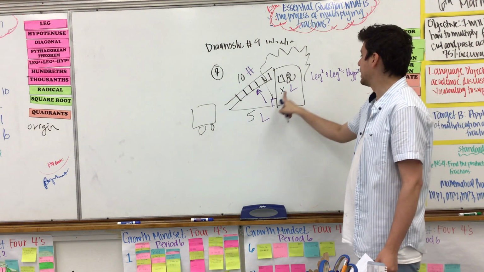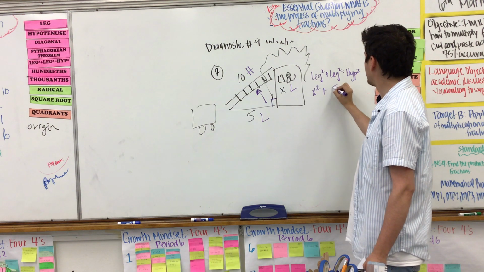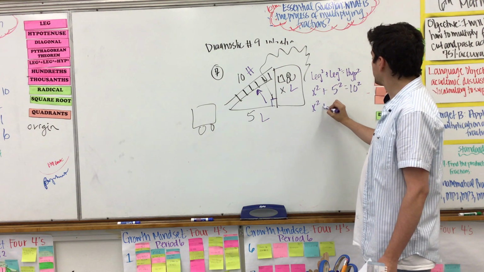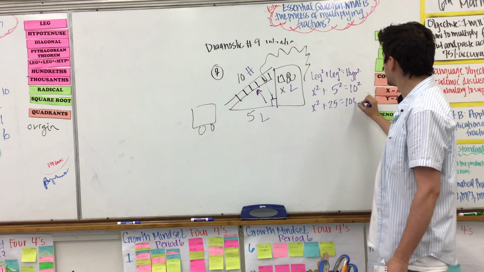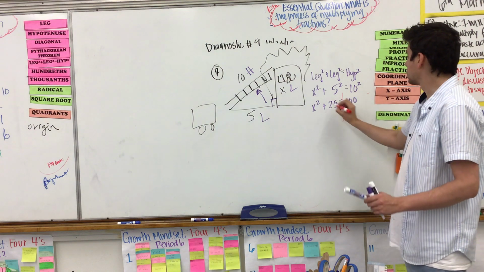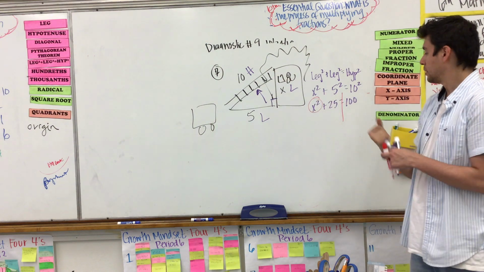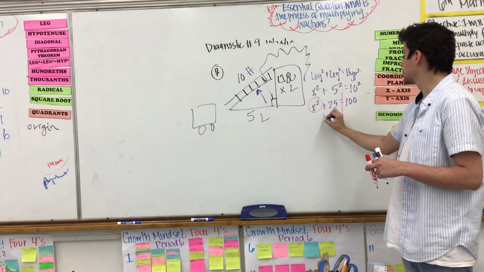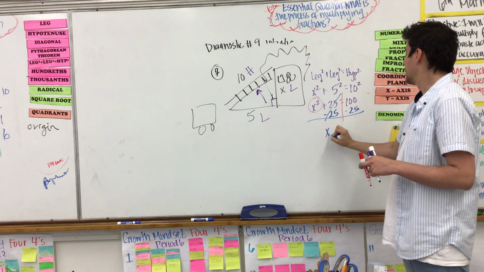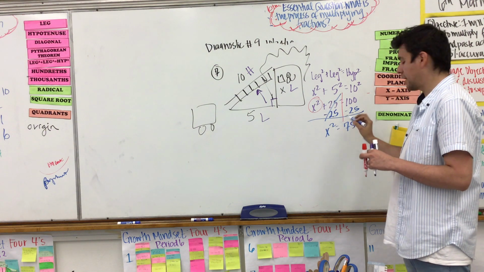I know that one of my legs is x. So x squared plus 5 squared equals 10 squared. X squared plus 25 equals 100. I have to get rid of that 25, so I'm going to do the opposite. Minus 25, minus 25. X squared equals 75.